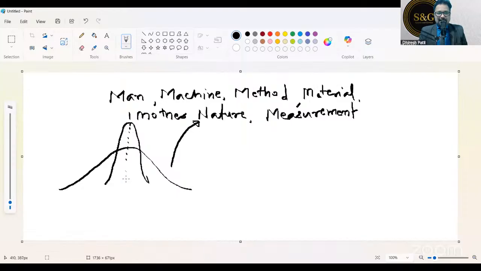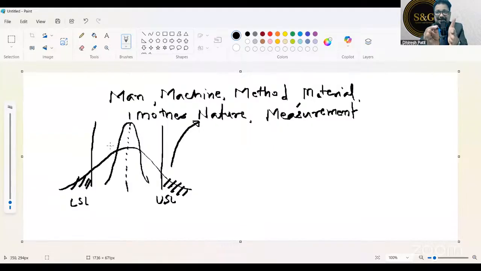If this is a target, bring the process close to the center, and in this entire journey, reduce the defects. So this is the lower specification limit, and this is the upper specification limit. Before we improve, this is all defect or rejection. Once we bring the process to the center by working on these factors, the rejections or defects get reduced. This is the simple fundamental of Six Sigma.